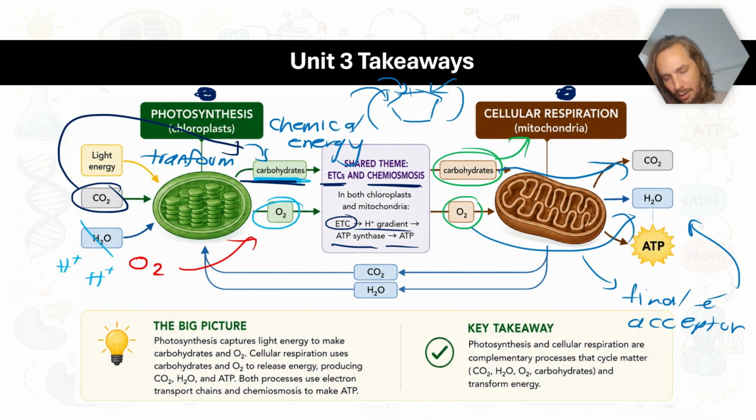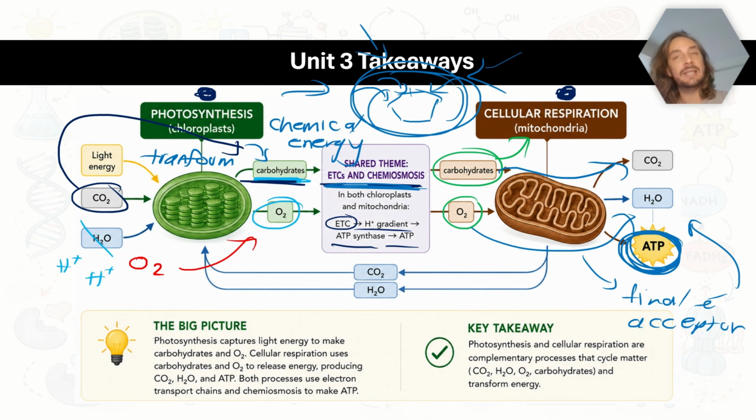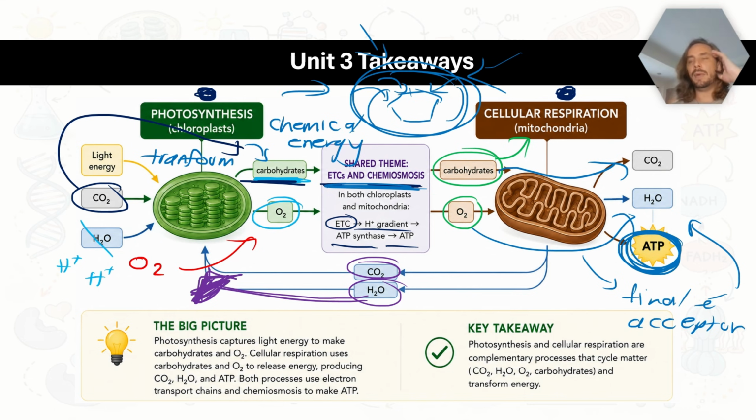We use that energy that has been stored within these chemical bonds to create ATP via the electron transport chain and chemiosmosis. And then ultimately, carbon dioxide and water would be returned to chloroplasts. We would breathe it out, and it would be returned to plants to make carbohydrates and release oxygen. And this whole process happens over and over again.